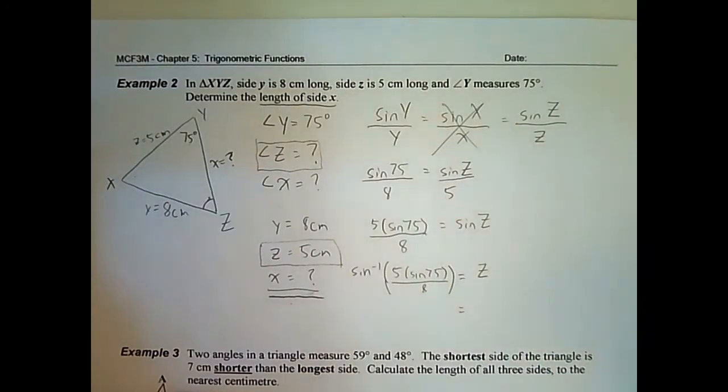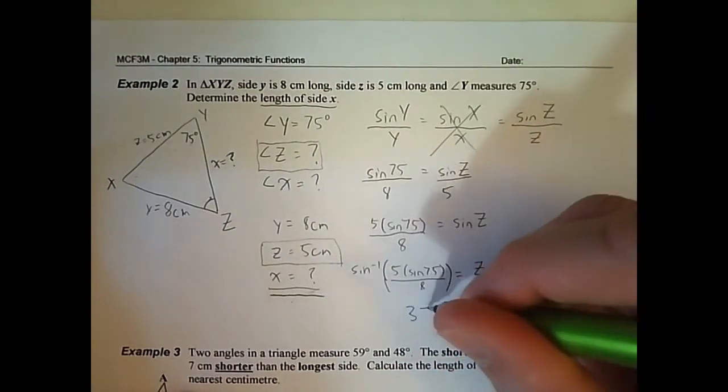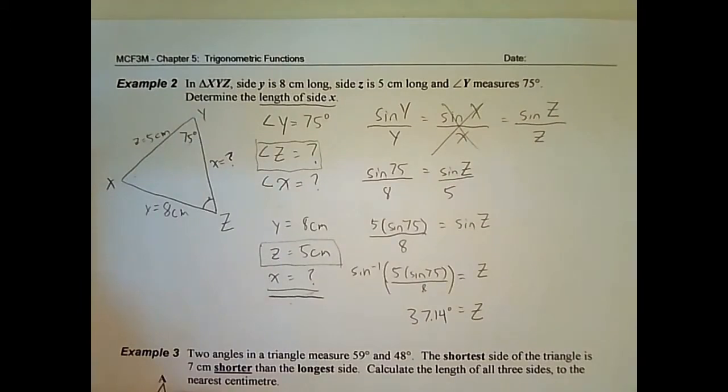And then when I solve for angle z, I'm going to get 37.14 degrees. And if you want, you can double check on your calculator right now. That way you're sure that you're inputting the numbers correctly, and then compare it to my answer, and hopefully we get the same answer. And if not, I'll double check mine like I'm doing right now. And if not, we can work on some office hours and we'll go over why we didn't get this. But we should get an answer of z being 37.14 degrees.